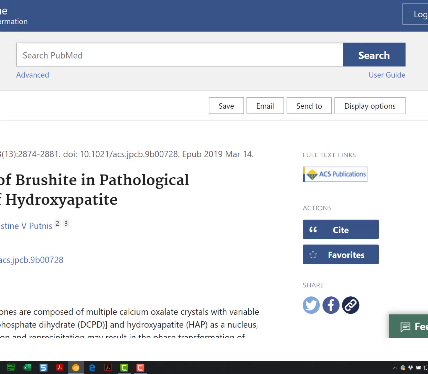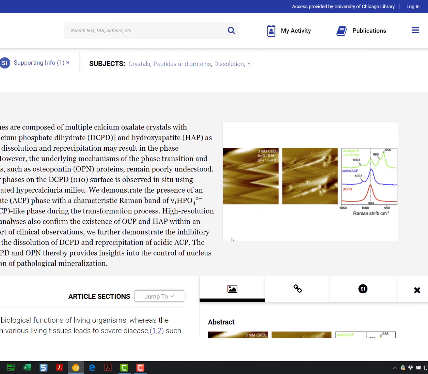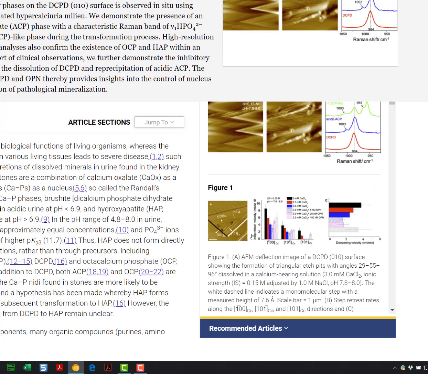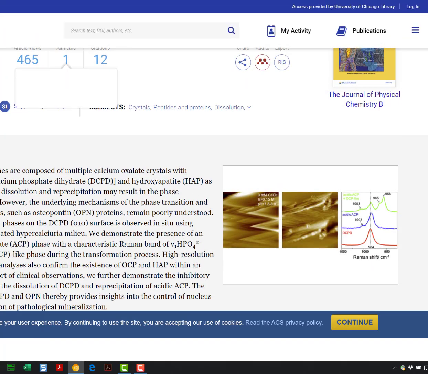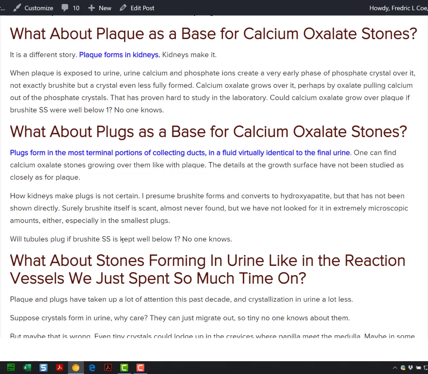And I could review this for you, but I don't want to. It's going to double or triple the length of the article, and it's very technical. Maybe another time. What about plaque and plugs? They're hydroxyapatite. Calcium oxalate forms under it. Same story? No.